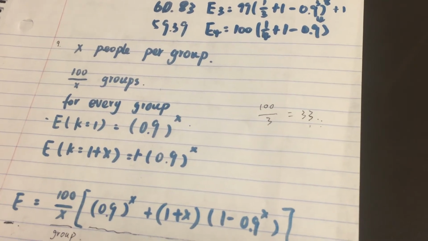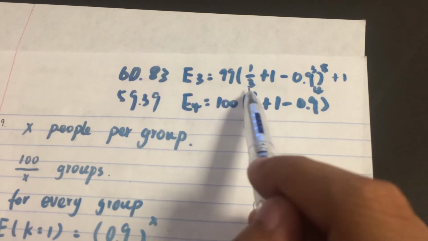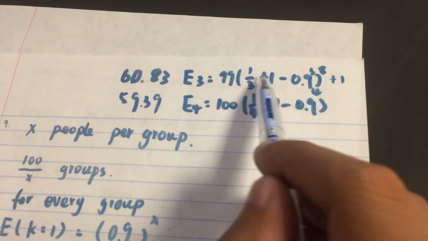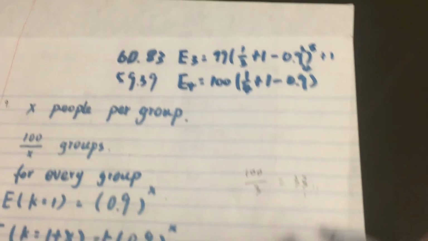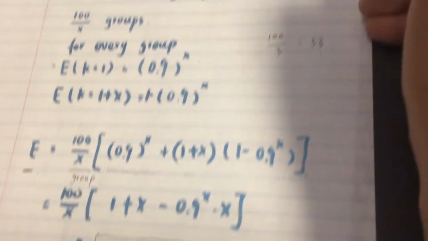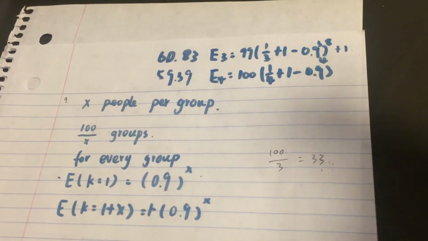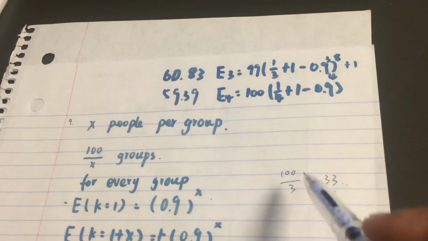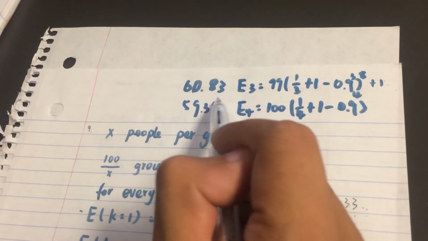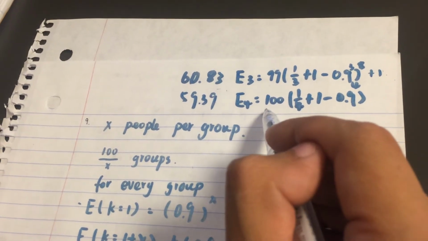And so the result is that 99 multiplied like this. So just put x equals 3 into this function, and plus one separate person that needs a test. So the result is that. And when x equals 4, just put x equals 4 into this function, and the result is that.